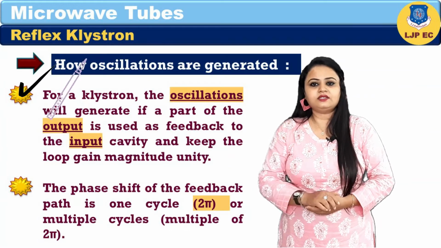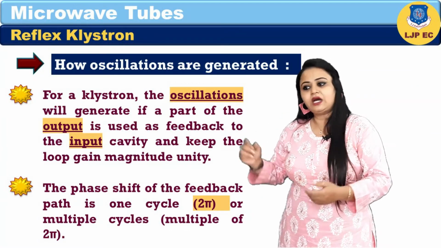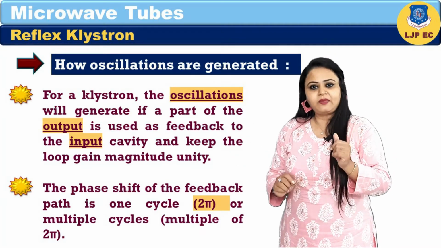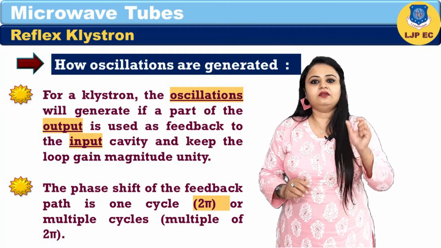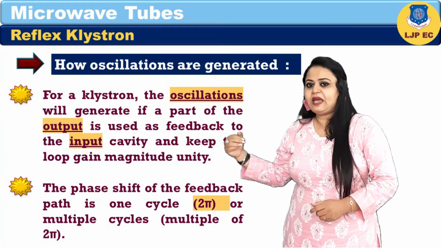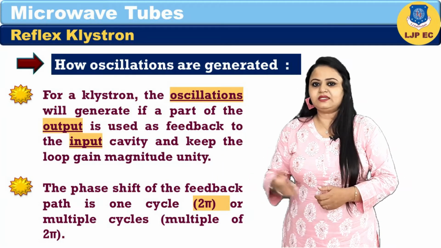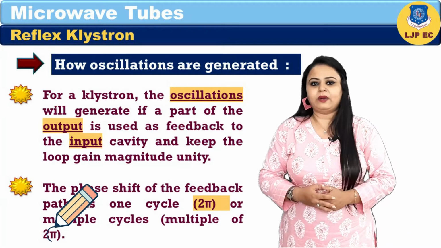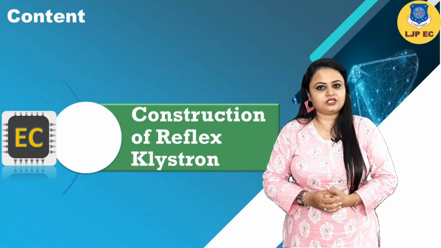For klystrons, the oscillations will generate if part of the output is used as feedback to the input cavity and the loop gain magnitude is kept unity. The phase shift of the feedback path is one cycle, that is 2 pi, or multiple cycles, that is a multiple of 2 pi.